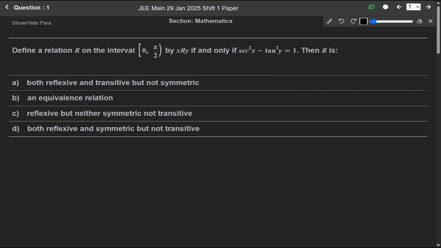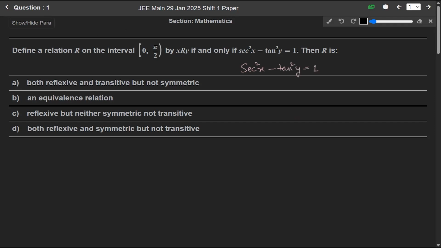Define a relation R on the interval 0 to pi by 2 by x R y if and only if sec square x minus tan square y equals 1, then R is. So we are given the relation sec square x minus tan square y is equal to 1.